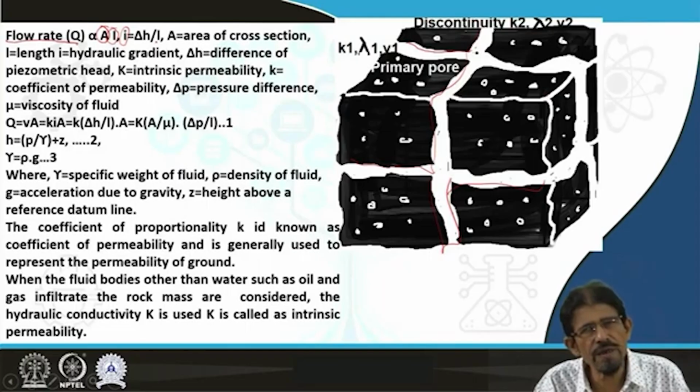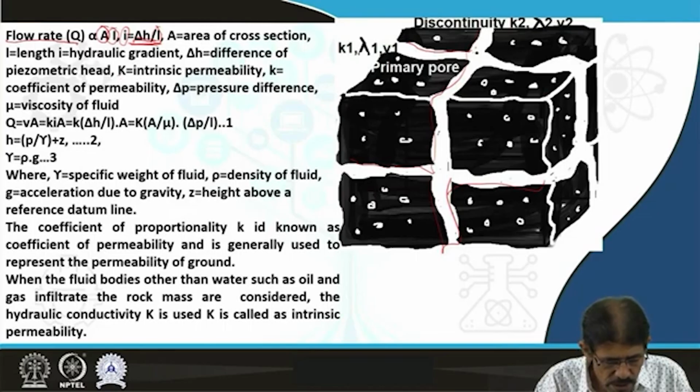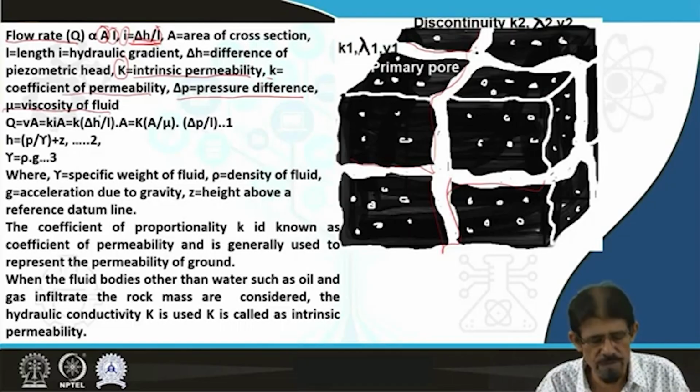Hydraulic gradient is the ratio of the difference of piezometric head, or the gas pressure difference, and L, as you know well, is the length. If we are considering this double porosity, double permeability system, then K is intrinsic permeability and small k is the coefficient of permeability, delta P is the pressure difference and mu is the viscosity of the fluid, the viscosity of CBM.